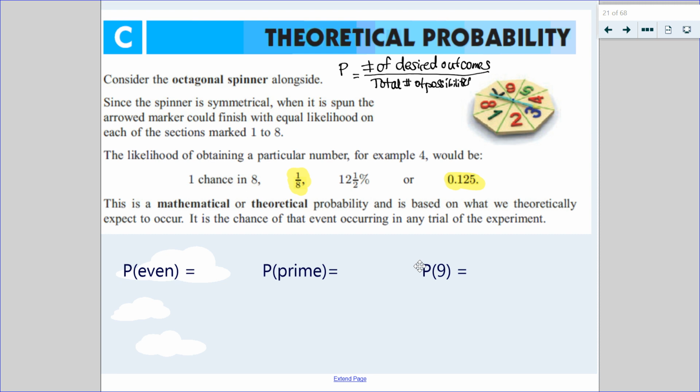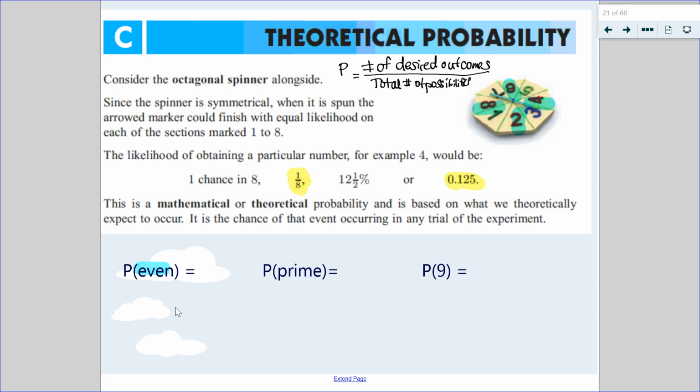So this particular problem gets at if we have an octagonal spinner, an 8-sided shape, drawn looking like a spinner here, and we want to know the following probabilities. So P of even, the probability that you get an even number. If we look at this spinner, we have evens at the spaces 2, 4, 6, and 8.